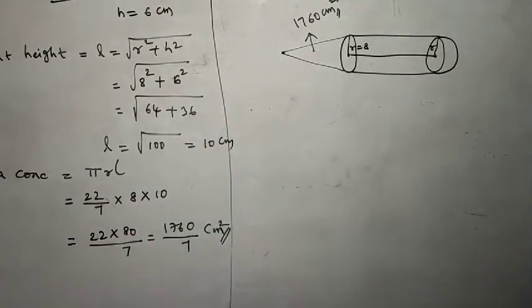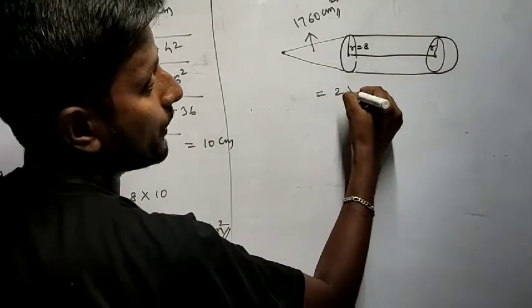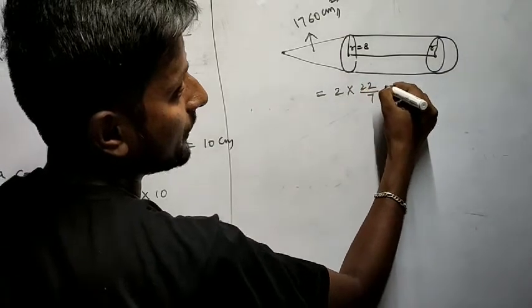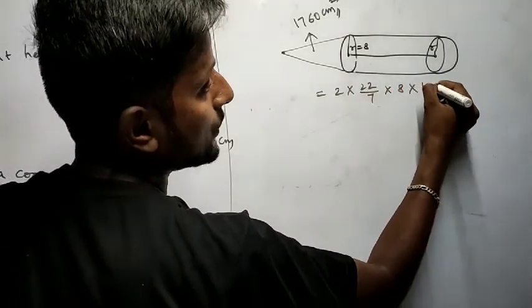Next portion we have a cylinder. So I am talking about cylinder now. R, radius, is common for the cylinder also. So R value 8 centimeters, and height of the cylinder is 10 centimeters, and CSA of a cylinder is nothing but 2 pi R H. So now I'll write 2 into pi value 22 by 7, R value 8, H value 10.